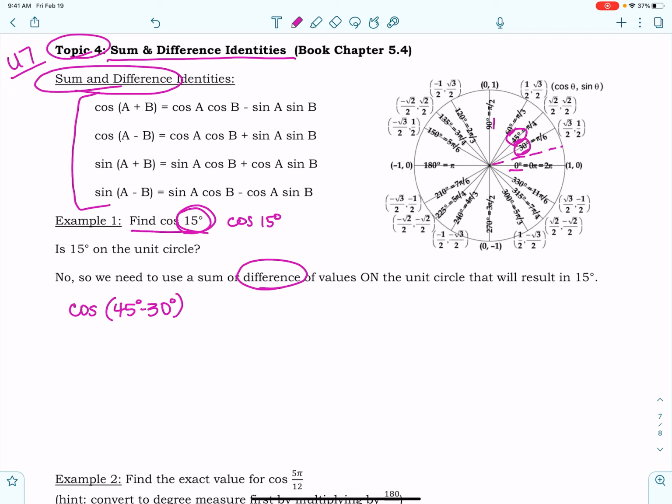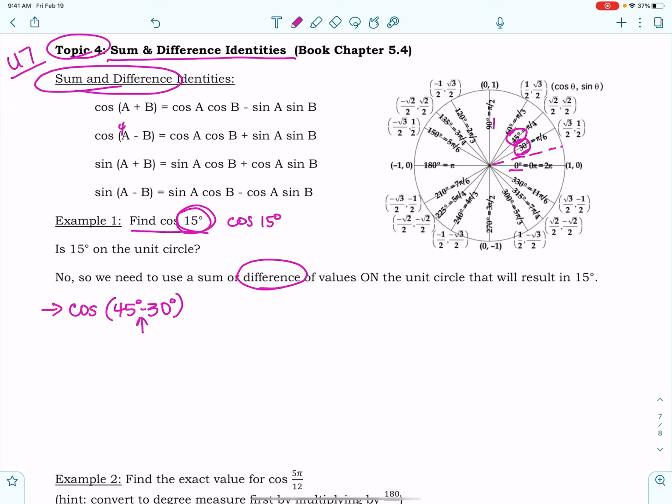That's what I'm doing. So I want you to notice this is cosine and this is a difference. So I'm using this right here, this difference identity, cosine A minus B. I put 45 first because 45 minus 30 gives me 15. So the A in the identity represents this value and this value. So whichever one's first, that's how it occurs. So because I'm using cosine of 45 minus 30, I want you to see something here.